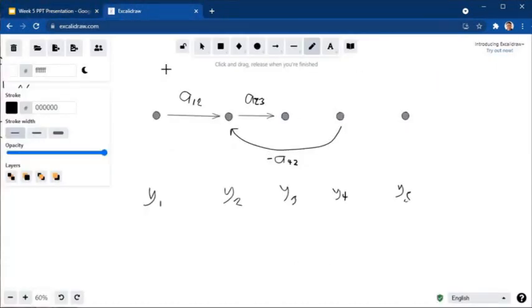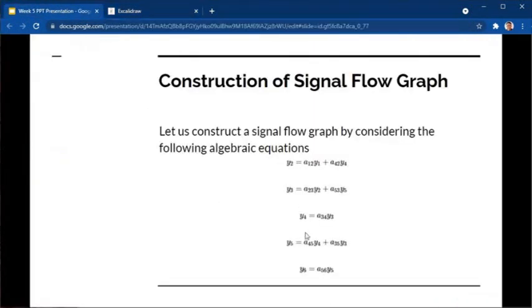So this is y sub 5, and the gain from node 5 to node 3, A 5, 3. Again, reverse direction, negative. We good with this? I hope we're good with this. Let's proceed. Y sub 4 is equal to the gain from node 3 to node 4 times y sub 3.